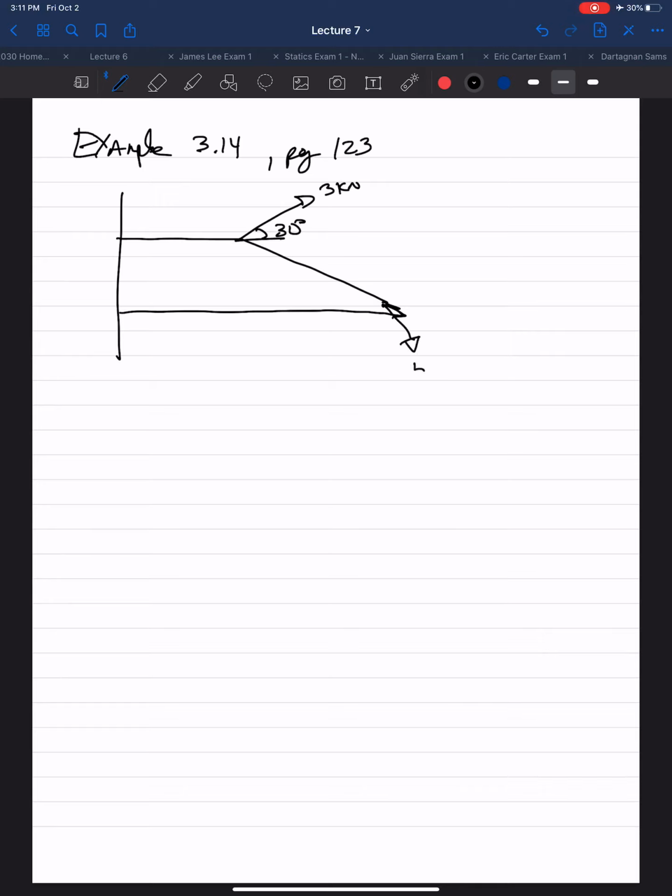You have a 5 kilonewton force. This is a 3, 4, 5 triangle. You have a 4 kilonewton force here. This is your point O. All right. So they want us to replace this force and couple system shown here by an equivalent resultant force and couple moment acting at point O.